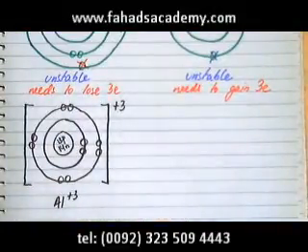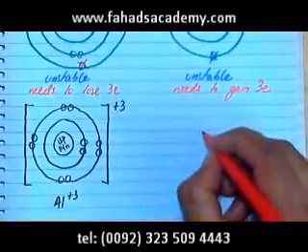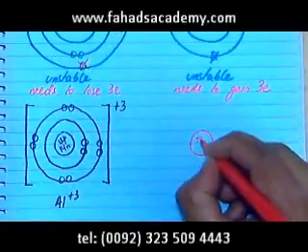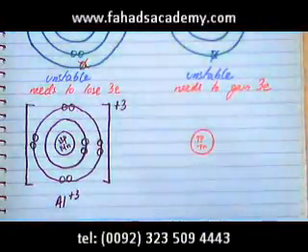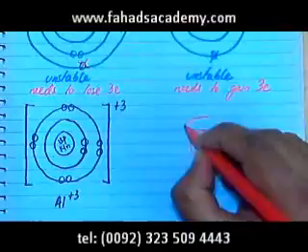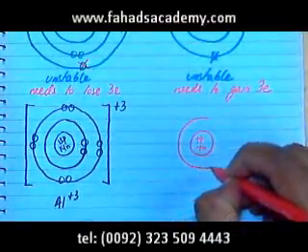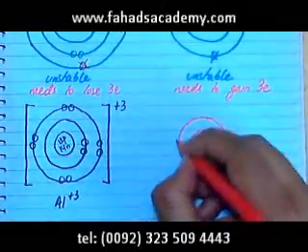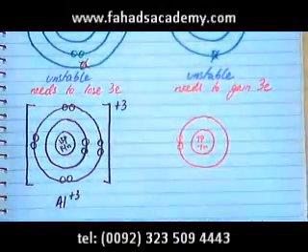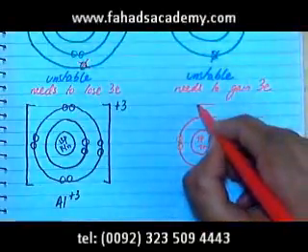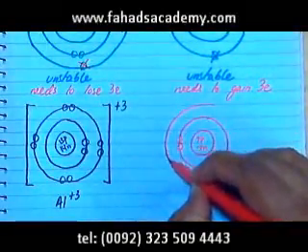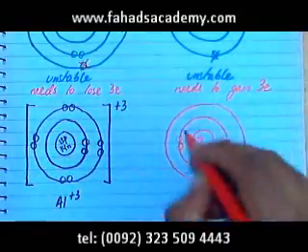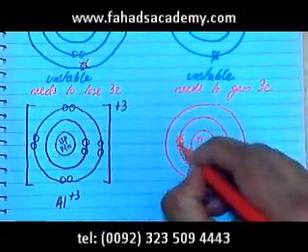On the other hand, you have nitrogen, which has 7 protons and 7 neutrons. Nitrogen has 2 electrons in its inner shell, and now these 2 electrons should be drawn with crosses.